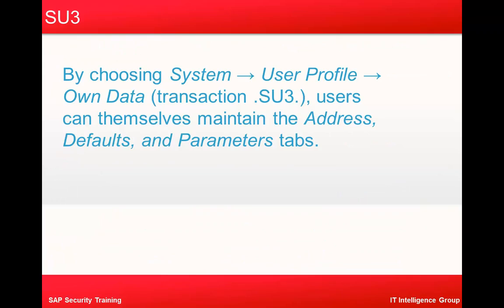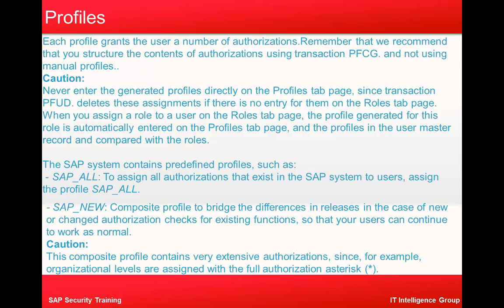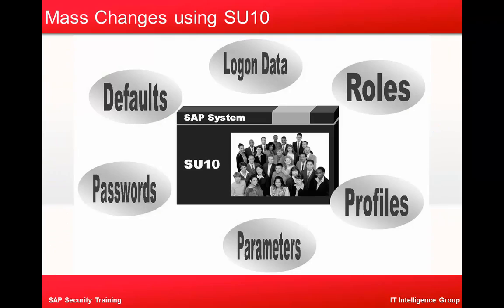By choosing System, using the SU3 transaction, users can maintain their own master data, basically their own address related information. Each profile grants the user a number of authorizations. We recommend that you structure the contents of authorization based on the organization structure.